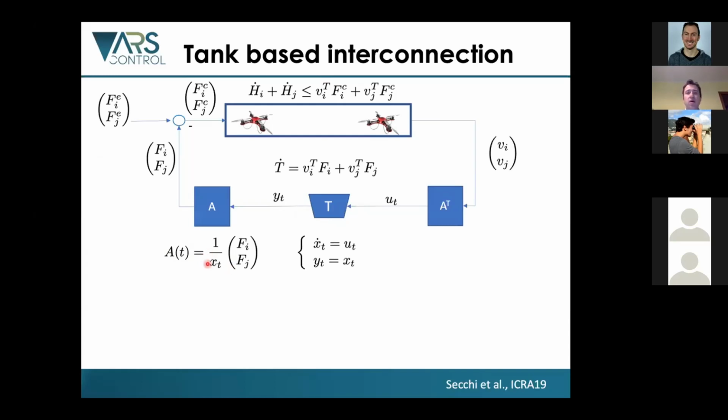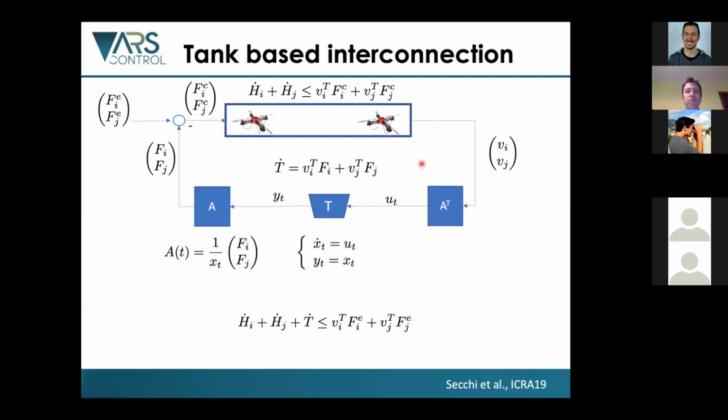You see, basically I have no physical dynamics there. I have just a flow of energy, okay? And the computations are very simple. You can show that everything is passive.